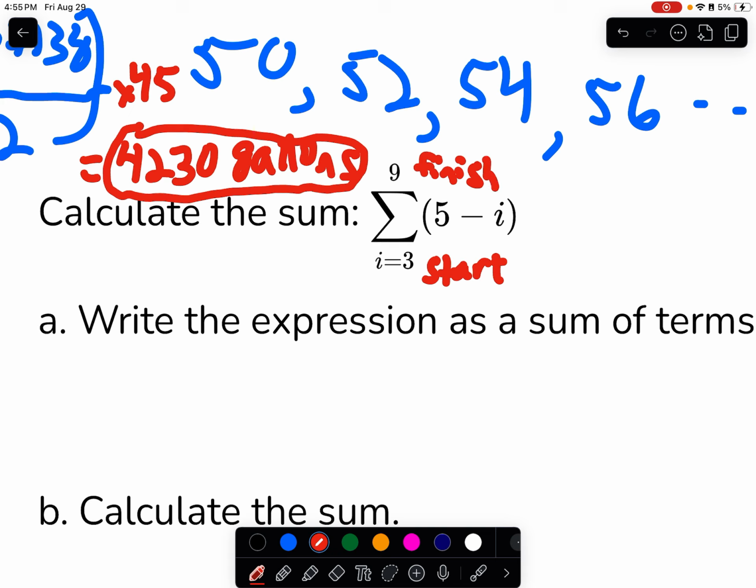So you put 3 in, that's your starting value. 5 minus 3 is 2. That's the first term, or term 3. Then you put in 4. 5 minus 4 is 1, and that's the second term. Then you put in 5.